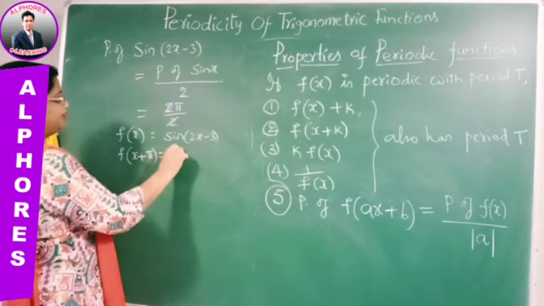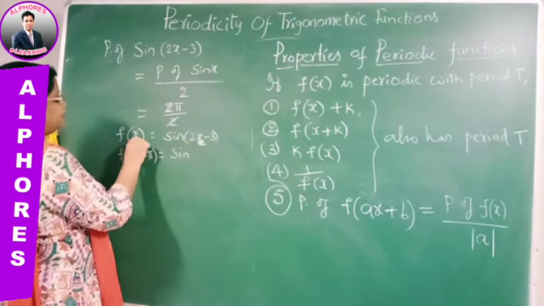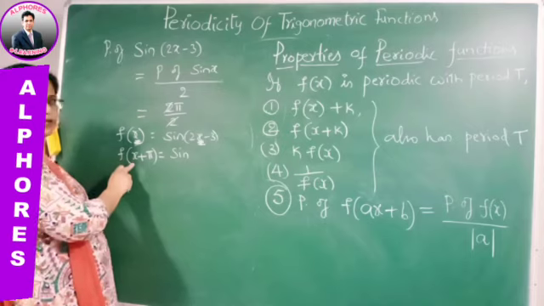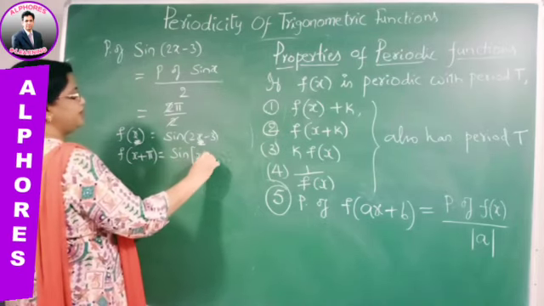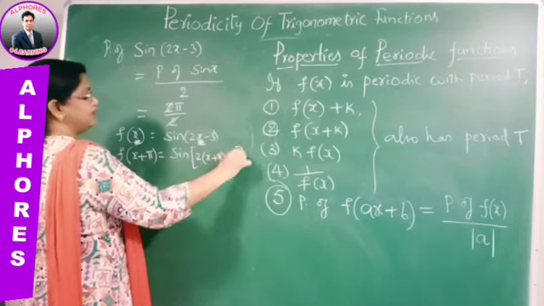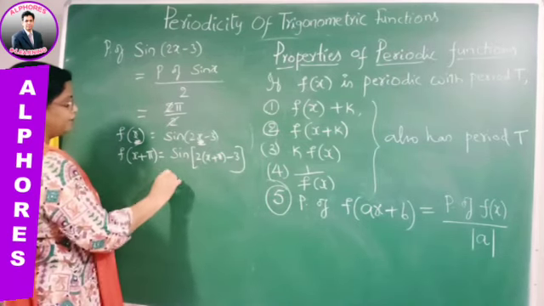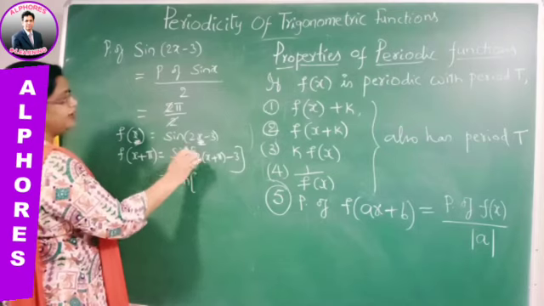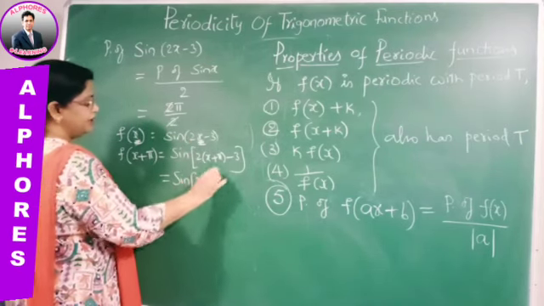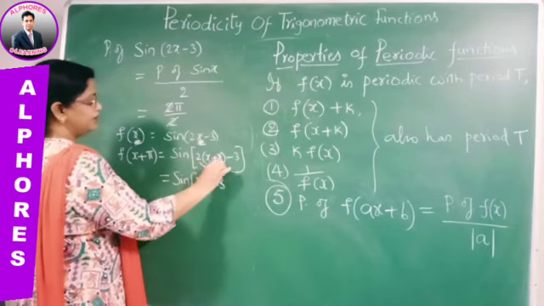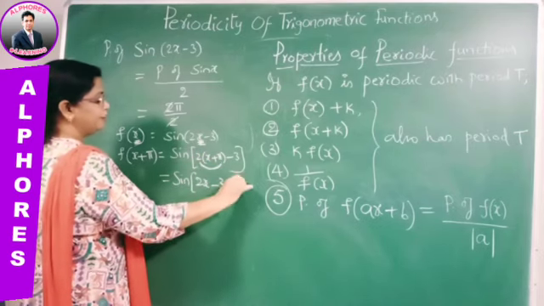To this purpose, wherever x is there in our problem, just replace x by x plus pi. Okay, so sine of 2 into x plus pi, and this is minus 3, right? And now this is sine, existing value is 2x minus 3, so I am writing 2x minus 3, and this value is here plus 2 pi, right?